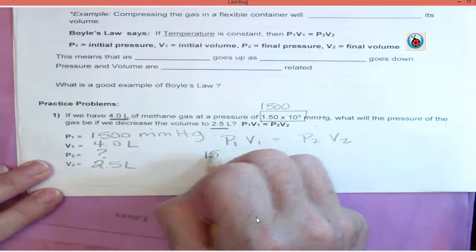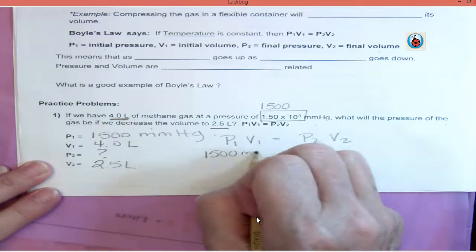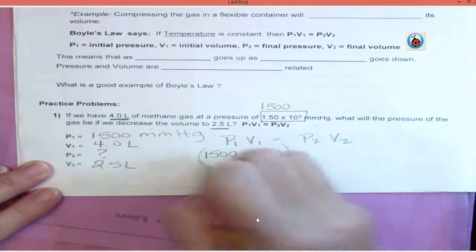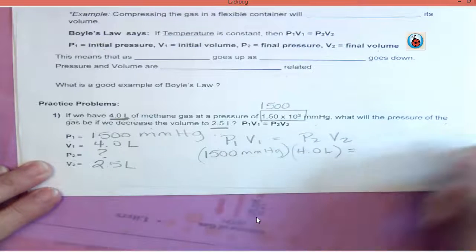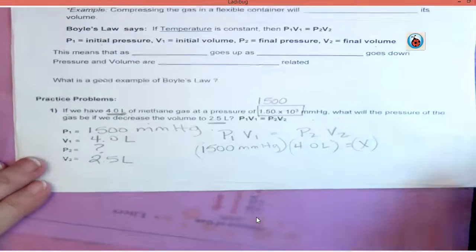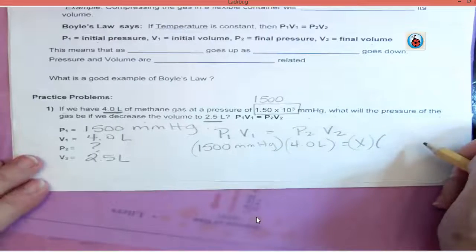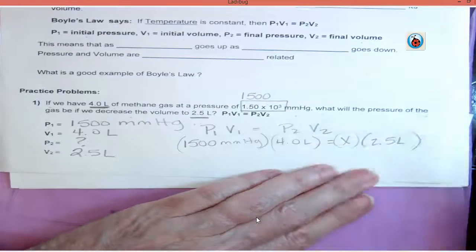So we got 1,500 millimeters mercury times our volume 1, which is 4.0 liters, equals pressure 2, don't know, I'm going to call it X, or you can just put P2 there, times volume 2, which is 2.5 liters, right?